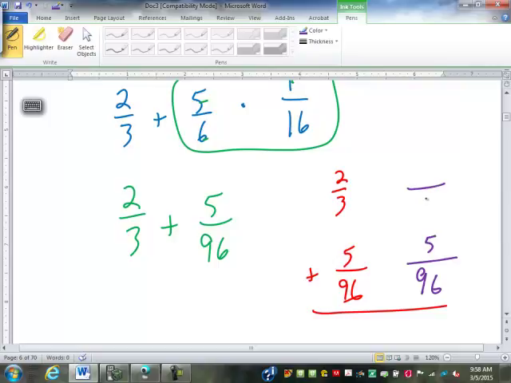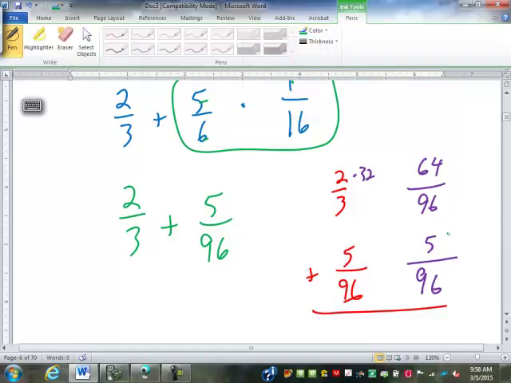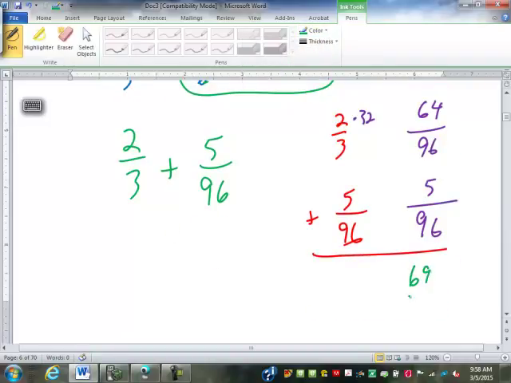This is going to be 96 as well. 3 times what makes 96? 32. So 2 times 32 is 64. And we are adding, so 64 plus 5 is 69 over 96. Is that our answer? No. How can we simplify? Both of them can be divided by 3, which gives us 23 over 32.